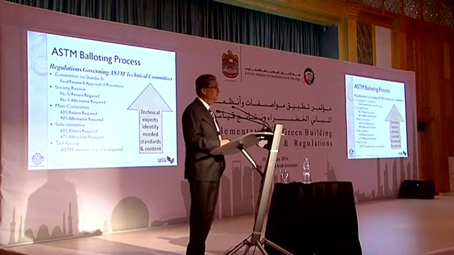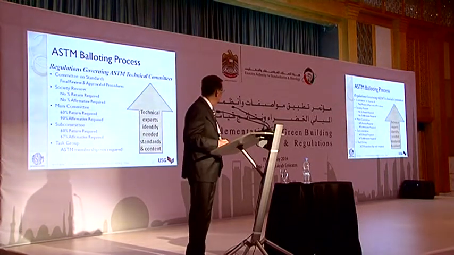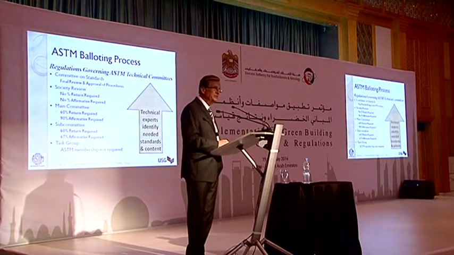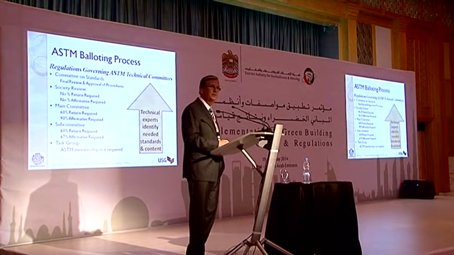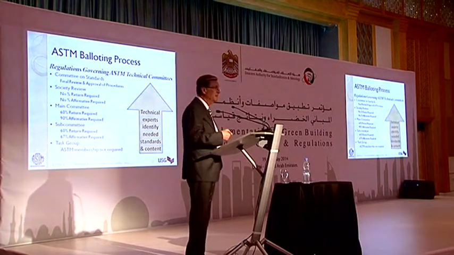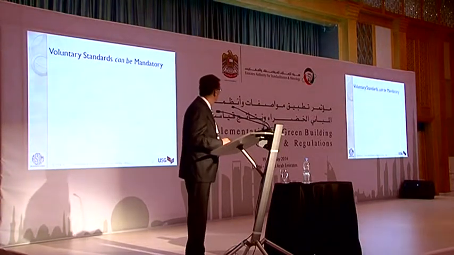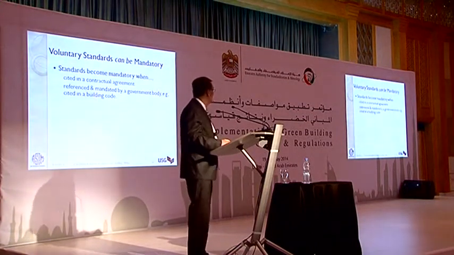And once all the comments are resolved, then the Committee on Standards, one of the standing committees for ASTM, has the final task of reviewing the entire process to make sure that it has followed the rules and regulations of the ASTM bylaws, and then the standard is published. Voluntary standards, as I mentioned before, can be mandatory.